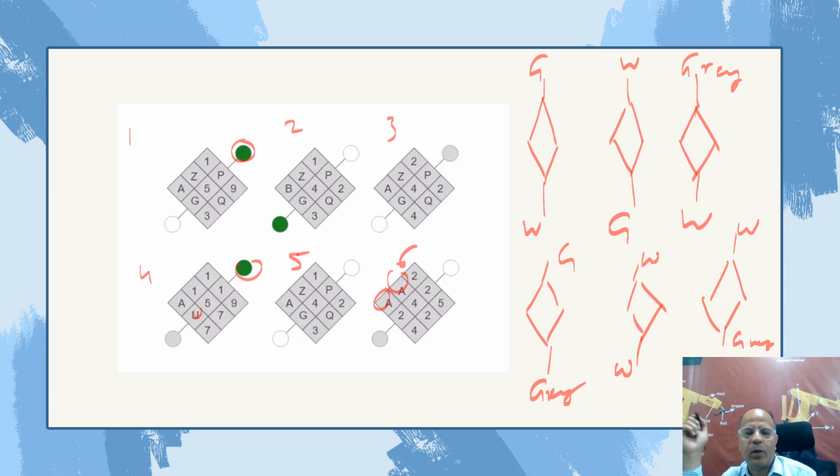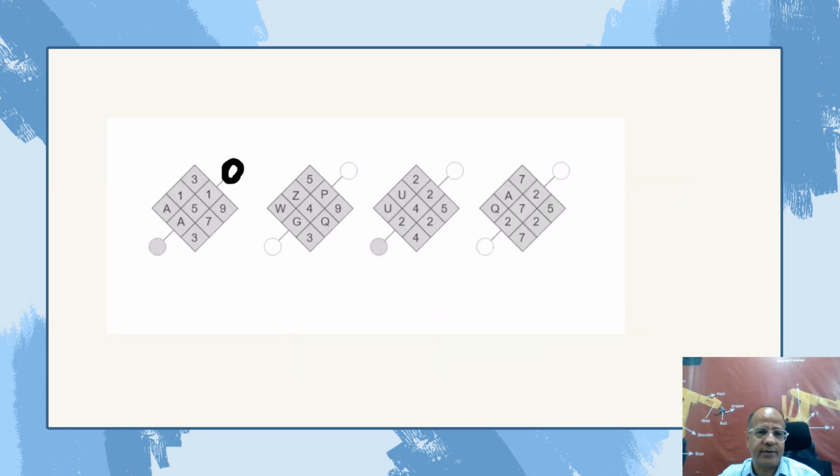We'll try to answer the question now. So what is the question? You need to fill the grids. If you look at the first grid, this is certainly vowels. Vowels would mean gray at the bottom, and this is only odd.